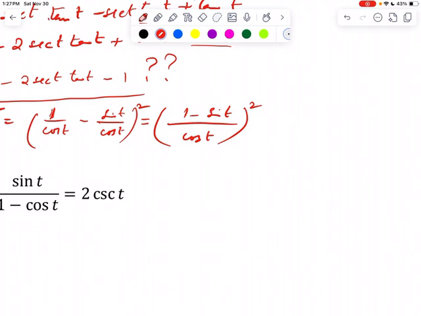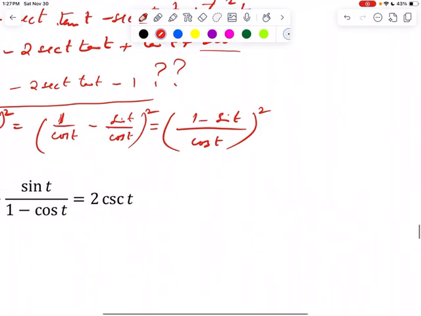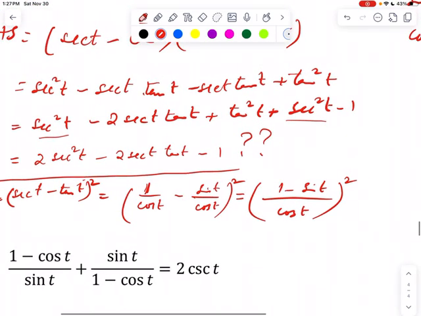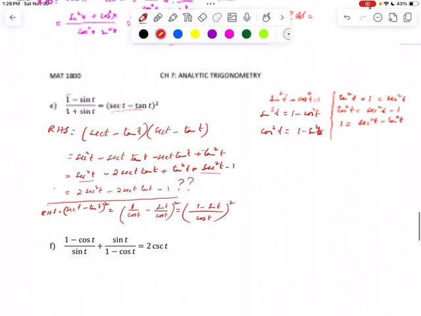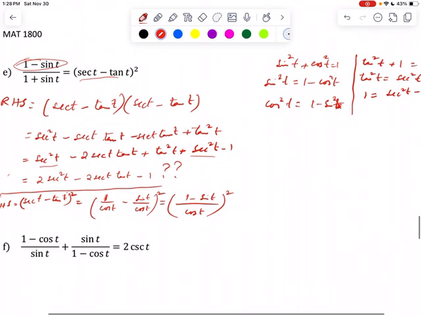Okay, so in the left hand side, if you notice, there is a 1 minus sine t on the top. So we have here 1 minus sine t, but we have 2 copies of it.